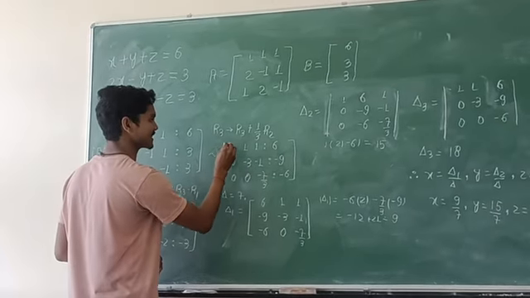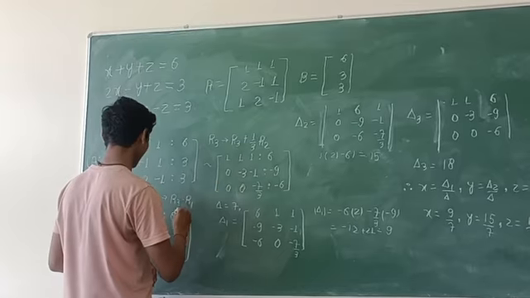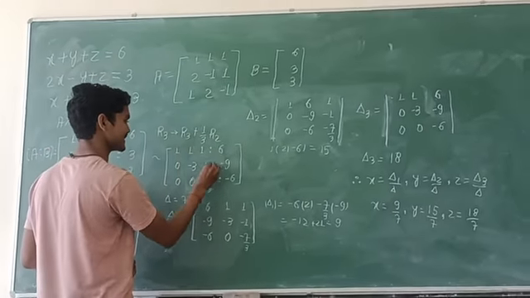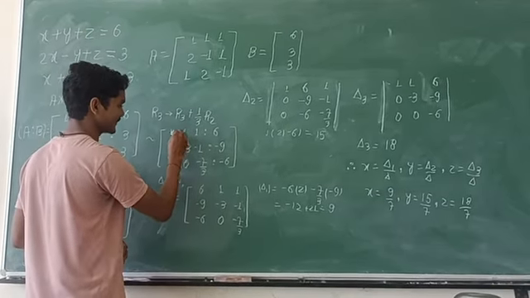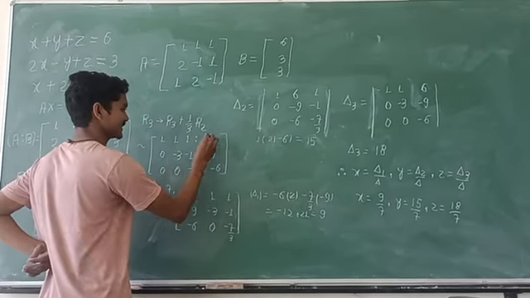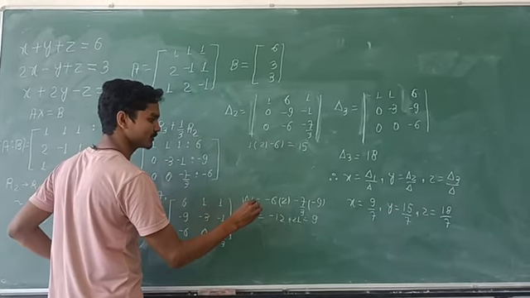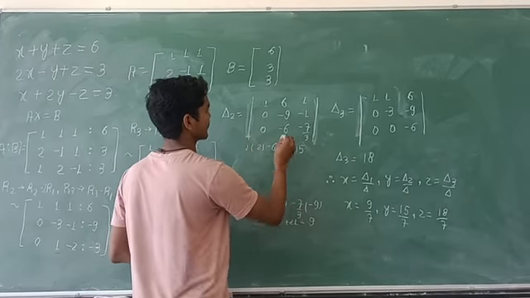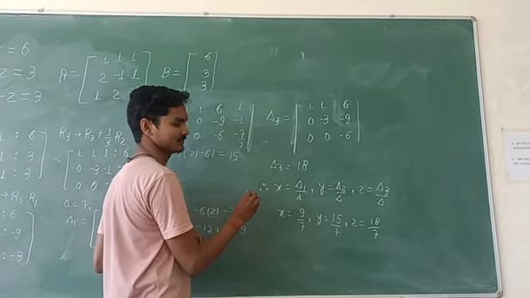Then R3 is replaced by R3 plus 1 by 3 R2, and we get this matrix. The determinant is the product of diagonal entries, so delta is equal to 7. Replacing the column, we get delta 1 is equal to 9, delta 2 is equal to 15 and delta 3 is equal to 18. For simple calculation we apply row reduction.